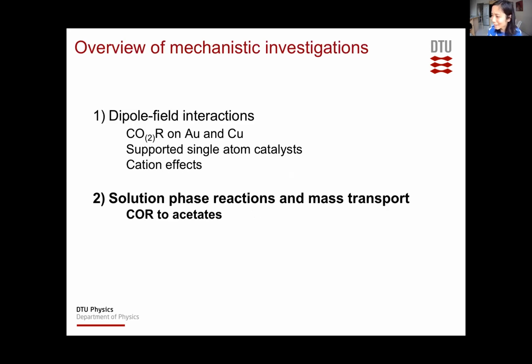Okay, and so I'll spend just a very little time talking about solution phase reactions. I'm switching gears very slightly here, and I'm going to use the example of CO reduction to acetate.